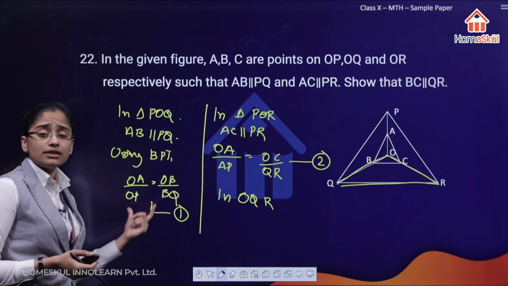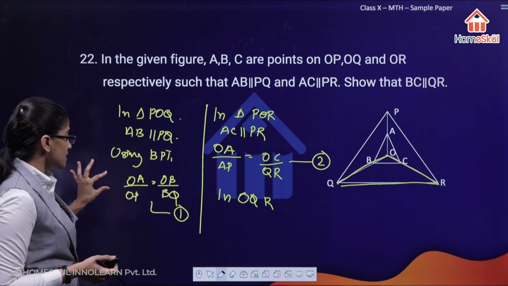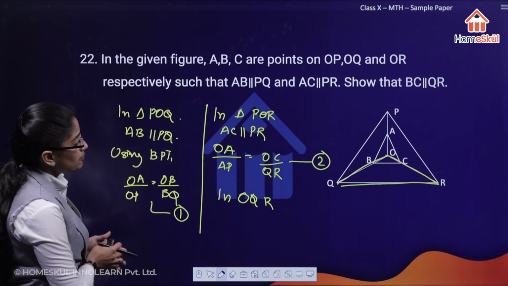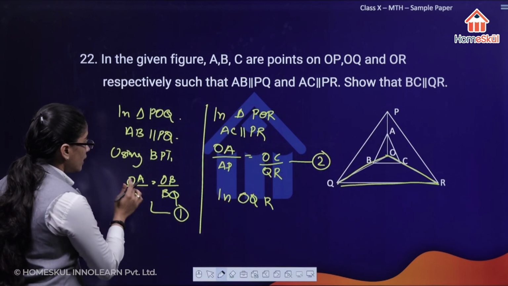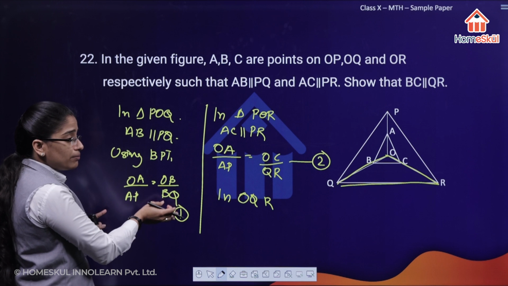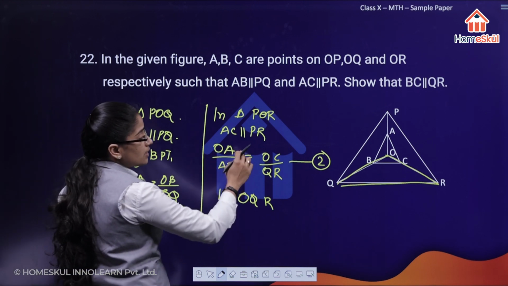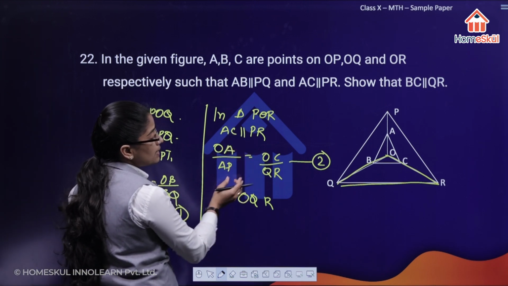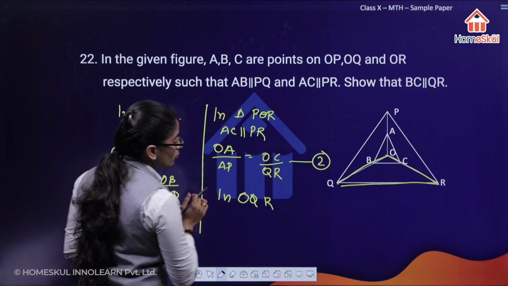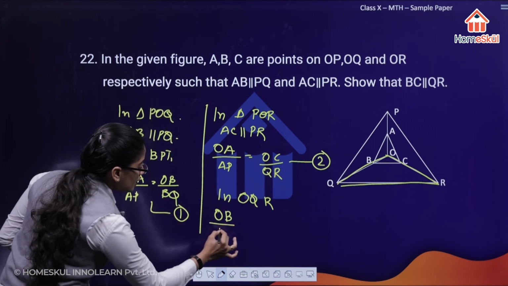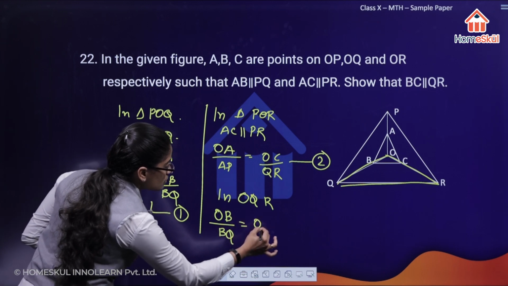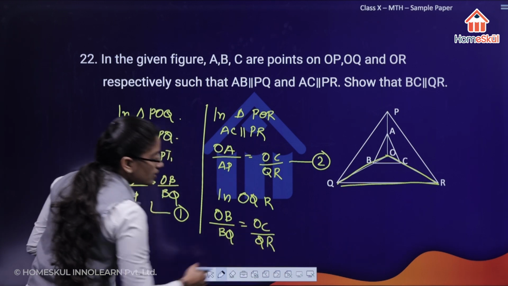Why? Because on comparing these two equations, LHS are same, isn't it? OA by AP is equal to OB by BQ is the first equation. Second equation, OA by AP is equal to OC by CR. So on comparing, we will be getting OB by BQ is equal to OC by CR, isn't it?